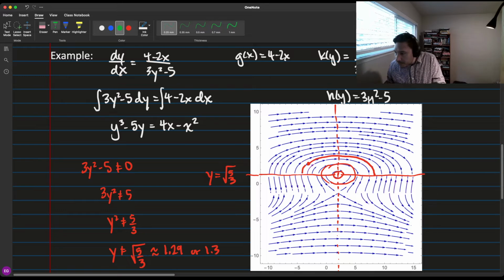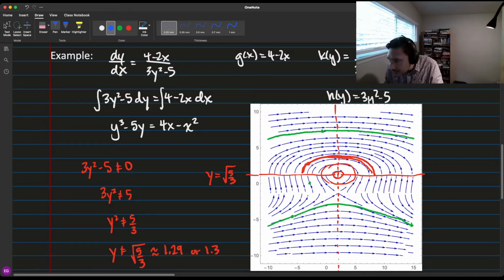But if you were to choose a point below that point, or let's say right here, this would be your solution curve. Or if you choose this point right here, this would be your solution curve. So if you were to start off above y equals square root of 5/3, you can only get this part of the graph in red.